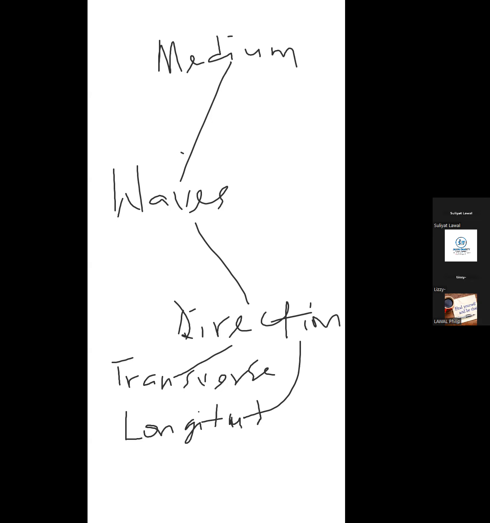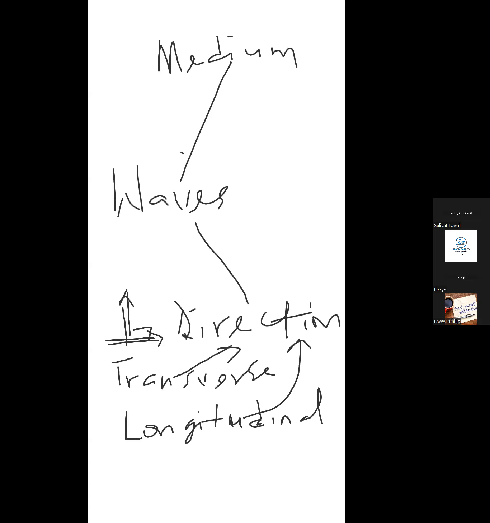Transverse wave and longitudinal wave. The transverse one travels at right angle. That is, the wave is traveling this way, the particle of the medium is traveling this way, so they are at right angle to each other. That's what we call a transverse wave.